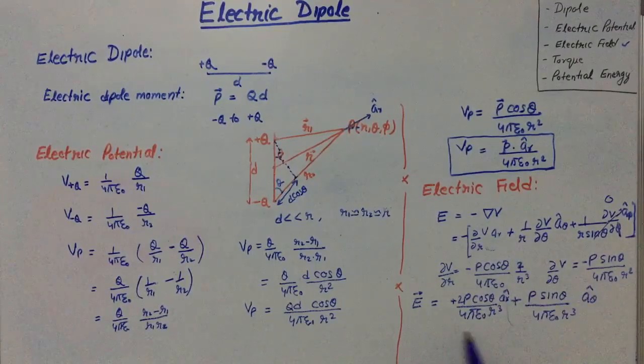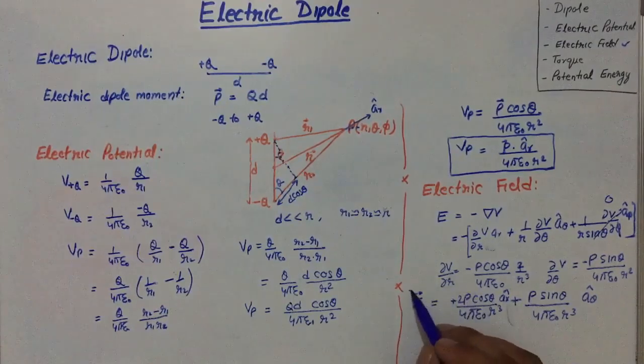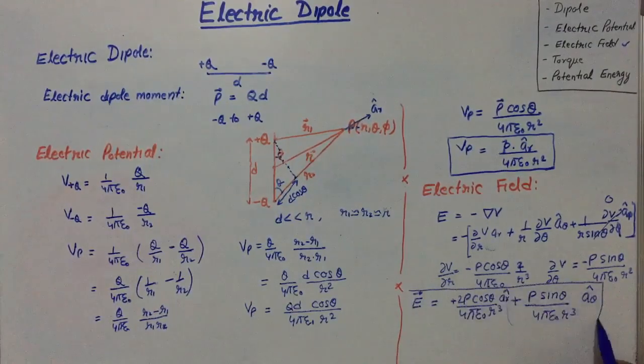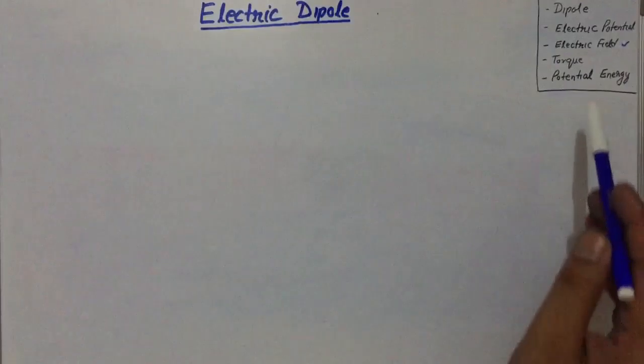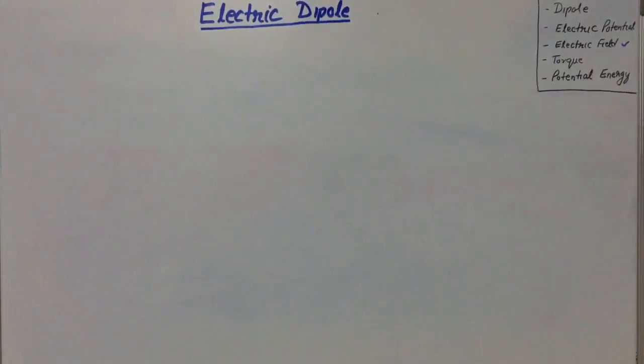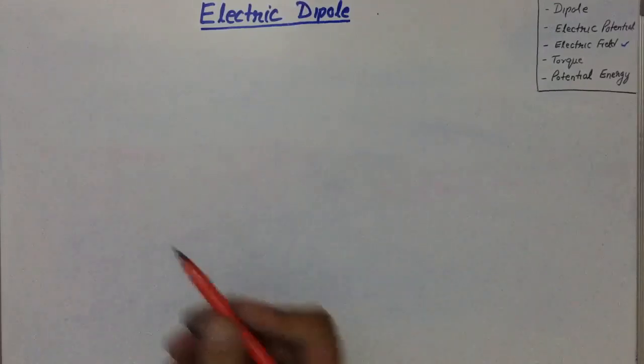So this is the final term. The electric field will be like this. Electric potential is this and electric field is this. Now after the electric field, let us discuss the torque.